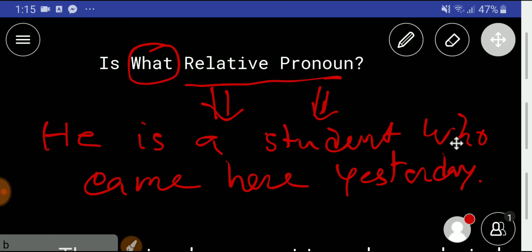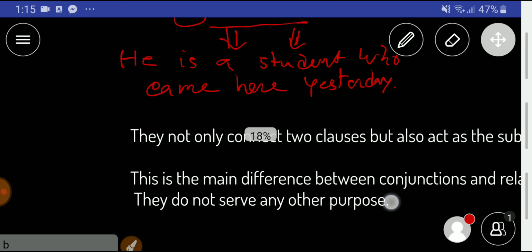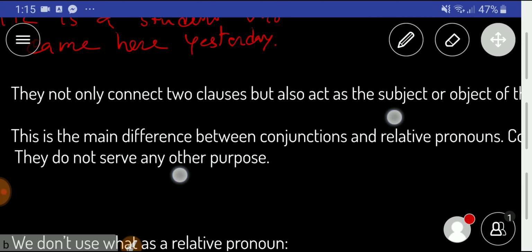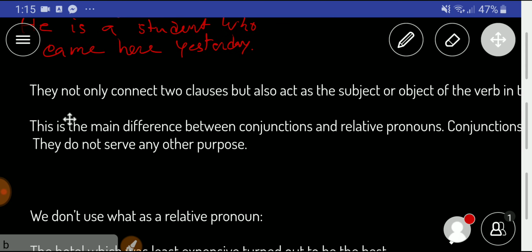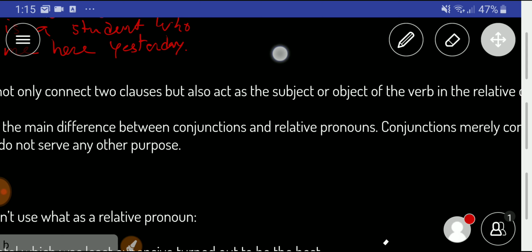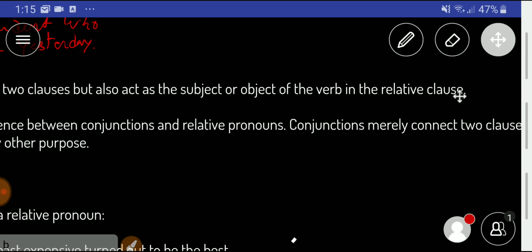So let me give you more information about this thing so that you can have good knowledge. Relative pronouns not only connect two clauses but also act as the subject or object of the verb in the relative clause.